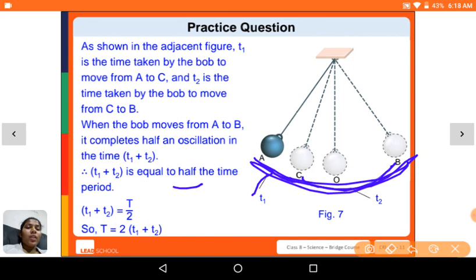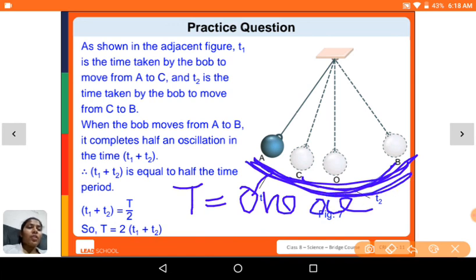But we know that capital T is the time for one oscillation. Now we can see that this is only half an oscillation because it is not coming back. We have to calculate it by A to B. We have not calculated A to B to A again, right?